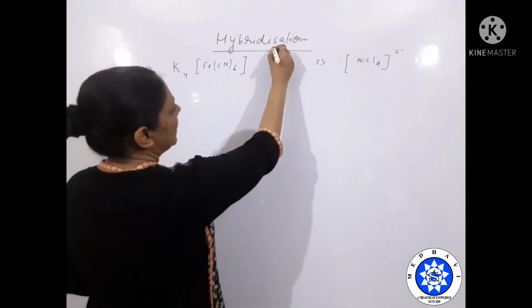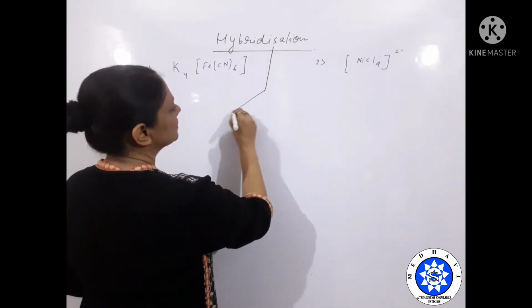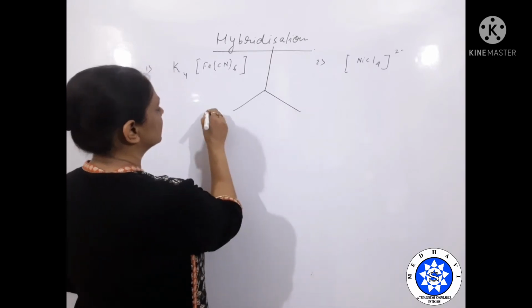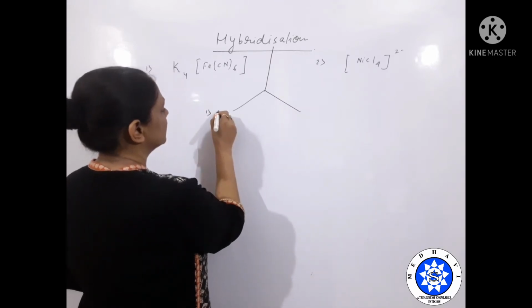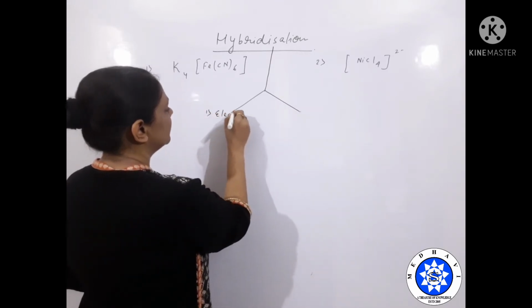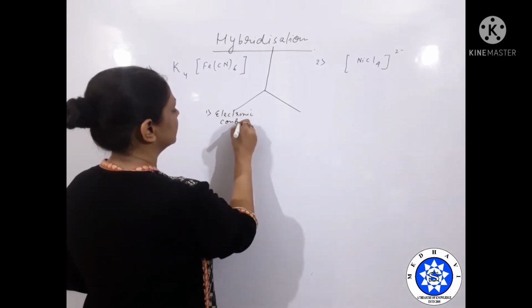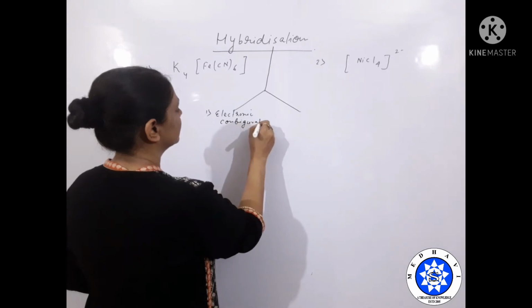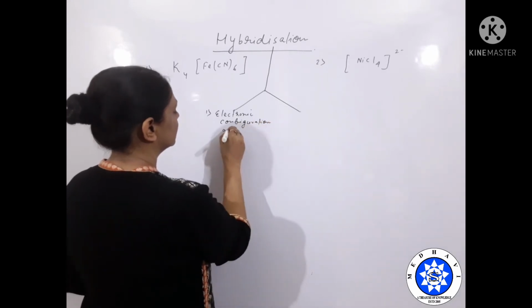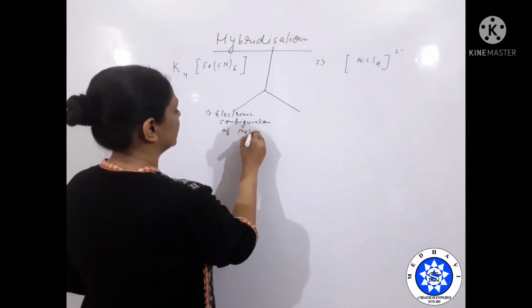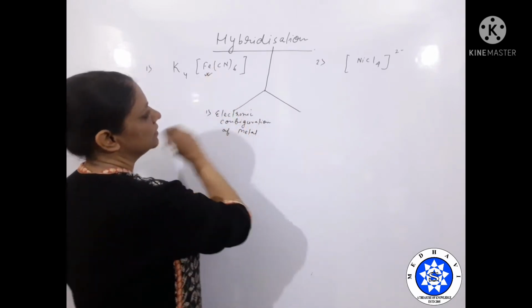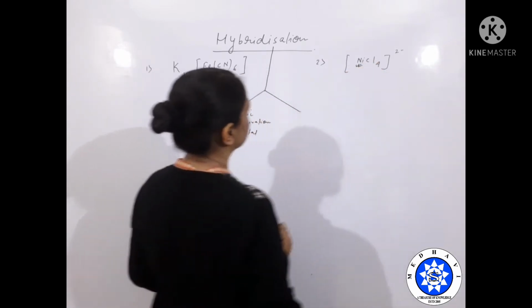To find hybridization, two things are required. First is electronic configuration of central metal. In this compound, this is central metal, and here this is central metal.